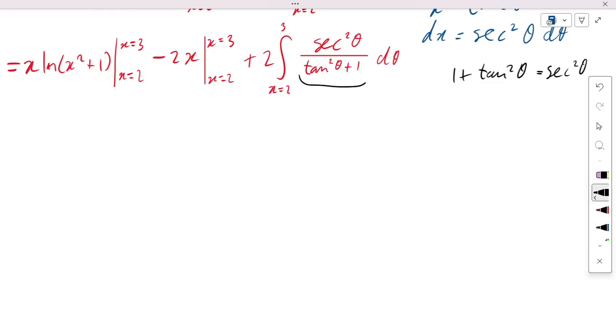Yeah, so this is just going to be equal to secant squared theta, which is also repeating in the numerator, meaning they're going to cancel out. So I can just cancel them out from here, because I know what's going to go on. I'm not going to waste so much time writing everything down step by step. On the side note, we know that 1 plus tan squared theta equals secant squared theta. That means I can cancel them out.